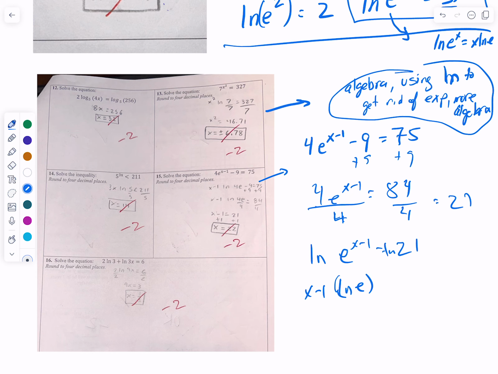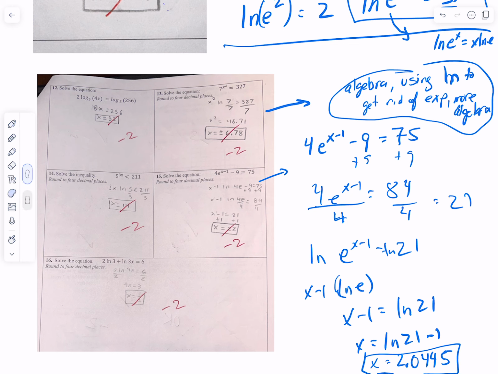The log of e is equal to 1. So x minus 1 equals the log of 21. So x equals the log of 21 plus 1. It says 4 decimal places, 2.0445. All right, there we go.